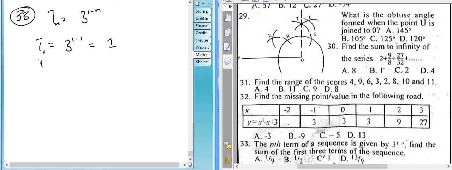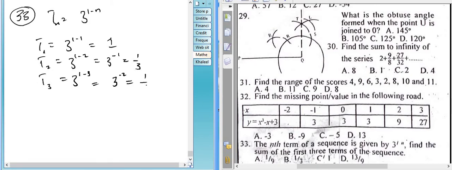For T2, it is going to be 3 power 1 minus 2, which is 3 power minus 1, which is equal to 1 over 3. For the third term, it is going to be 3 power 1 minus 3, which is going to be 3 power negative 2, which is 1 over 9.